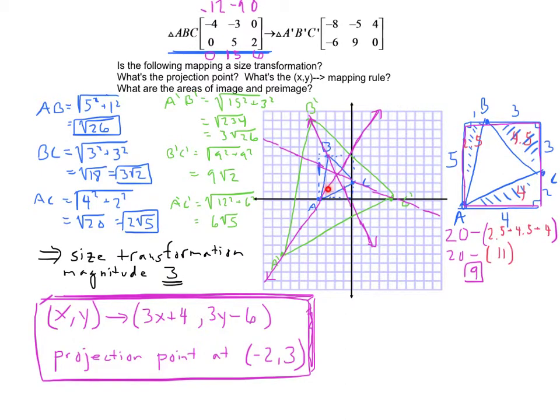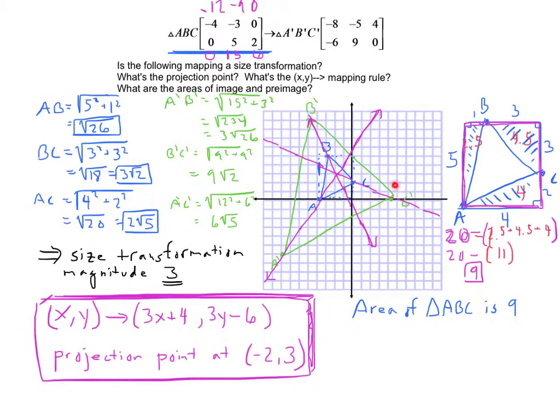Now instead of doing this whole process again for the green triangle, the image, this was the pre-image, I can cheat because I know what the area of that pre-image was, and we had a size transformation of magnitude 3, and what that does to the area is it makes it 3 times longer, 3 times taller, so it increases the area by a factor of 9.